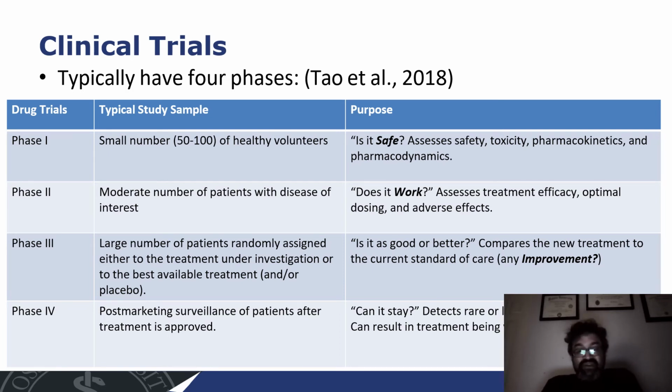That's phase 4. So can it stay? A lot of times there are rare side effects that need to be tracked, and this was true of the vaccines that were developed for COVID.